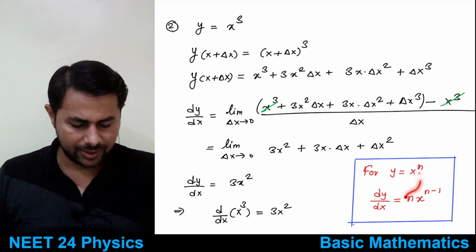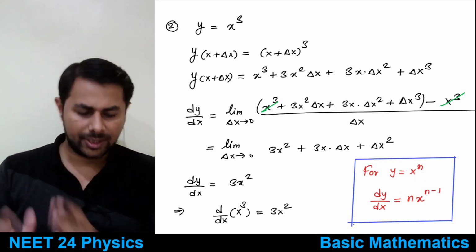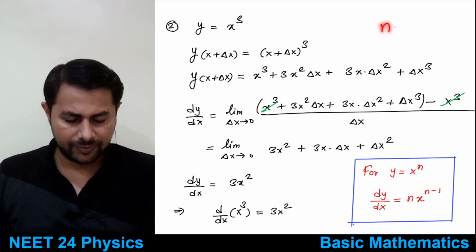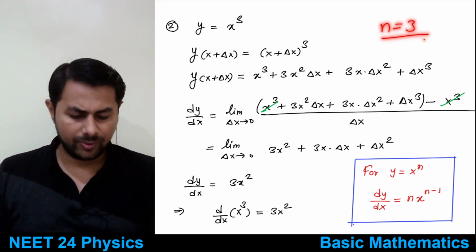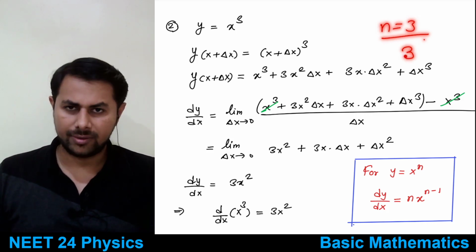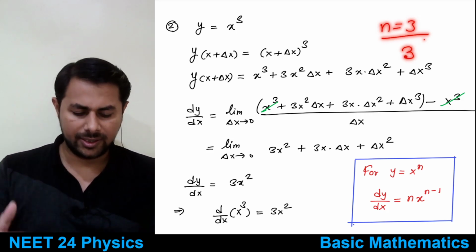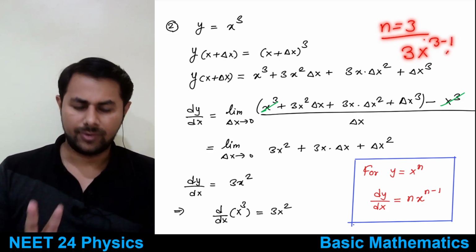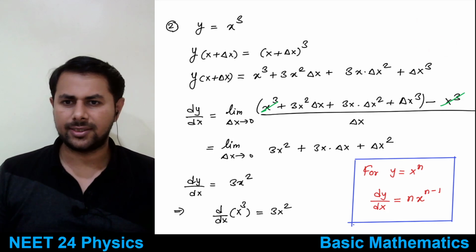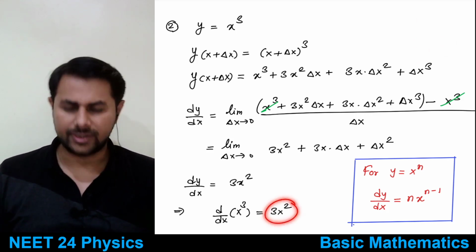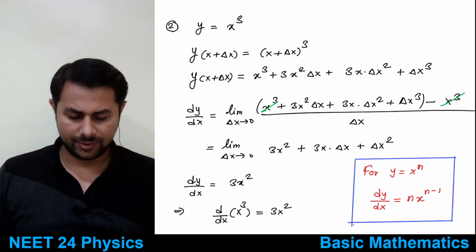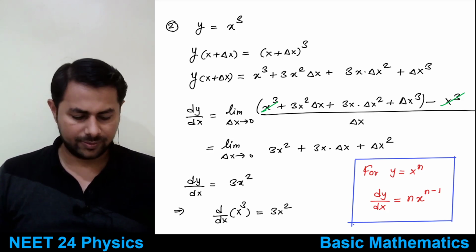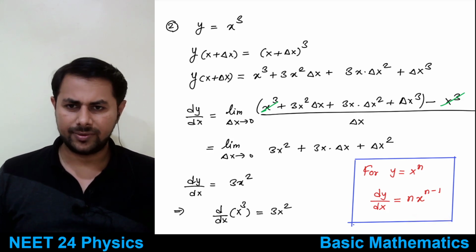Write this n in front, in multiplication, and the power decreases by 1. So if n is equal to 3, the derivative will be 3 x to the power n minus 1, that is 3 minus 1, which is 2. So 3x to the power 2, that's the derivative. So you got this, right? This is how you get the derivatives. This formula is clear?